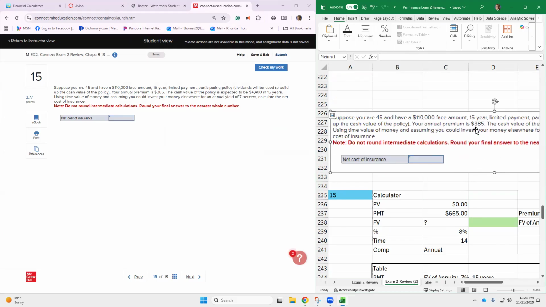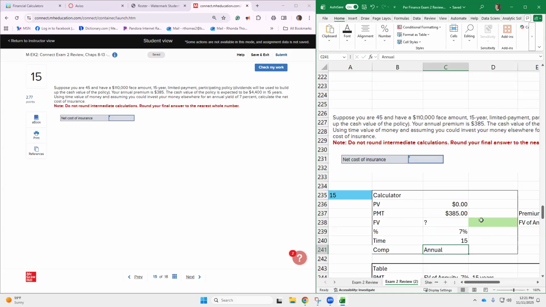So your annual premium is $385. Put your annual premium in for your payment. That's how much you're paying for this life insurance policy. Well, what if you socked that money away in an account that pays 7% in 15 years?